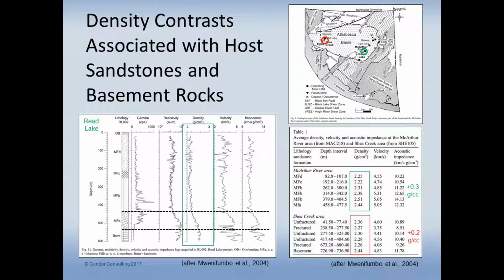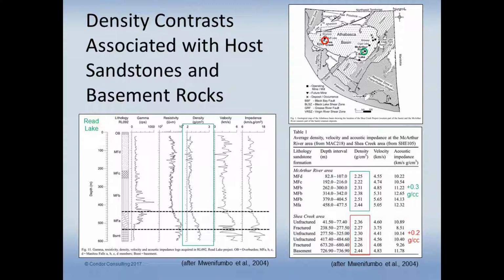And the interesting thing that he shows, for me, is that there's a general increase in density as we go through the Athabasca sandstones. So I think we're looking at a decrease in porosity, and therefore an increase in density. And there's a significant jump when we get close to the basement and then in the basement rocks.